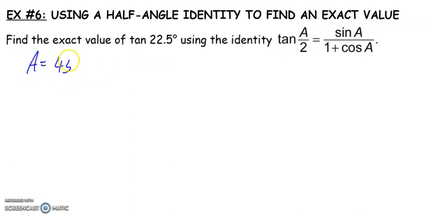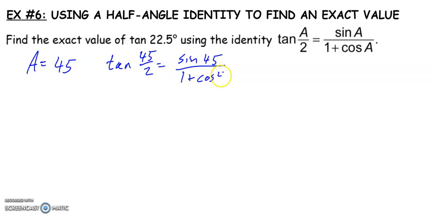That's going to be 45, so we're making a 45. So I'm going to find the tangent of 45 over 2, and that is going to equal the sine of 45 over 1 plus the cosine of 45.